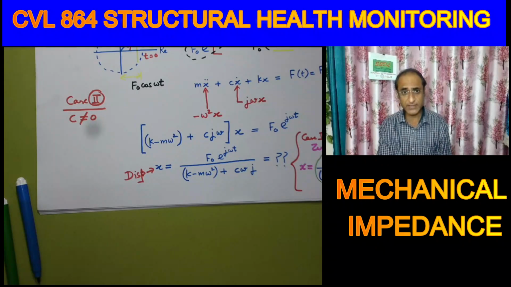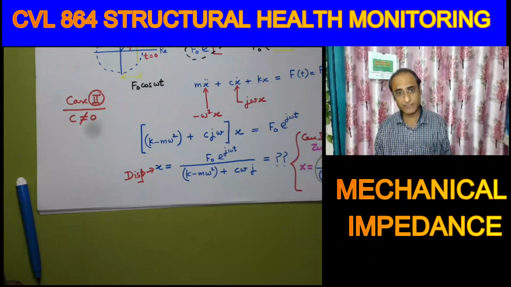Because in that case, the numerator is an exponential function, and the denominator is a complex term. The denominator itself is a complex term, so it will have two components.